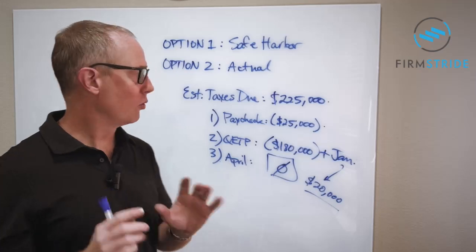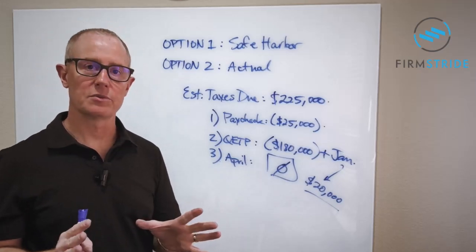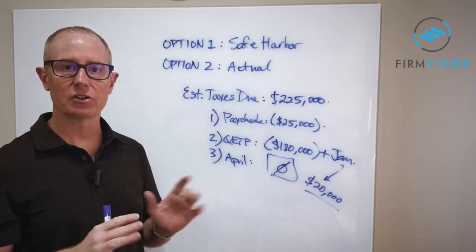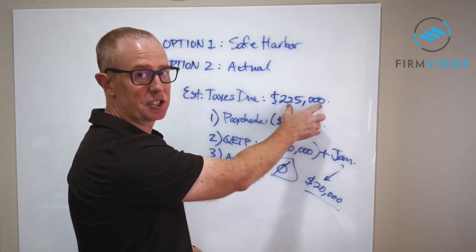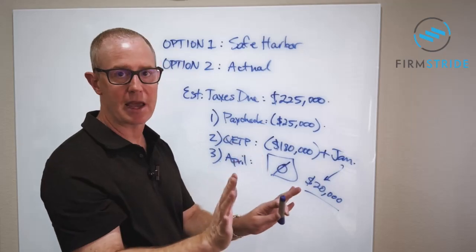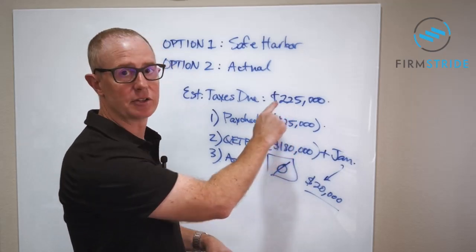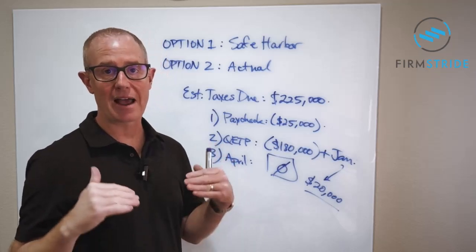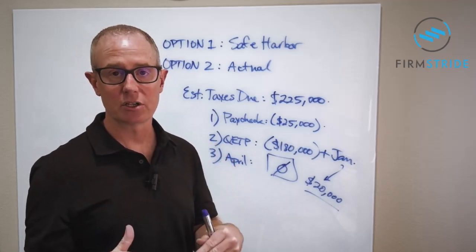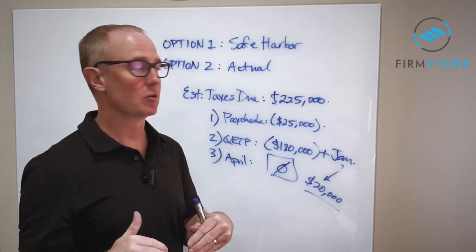The whole goal of what we're trying to do here at Firm Stride is not only help you save on your taxes, which is this number right here. We want to get this number down as much as possible. This number in April, it doesn't matter. This is the number that matters. We want to get that number as low as possible so that it's sustainable at that low level so you can keep as much of your wealth as you can out of your business.